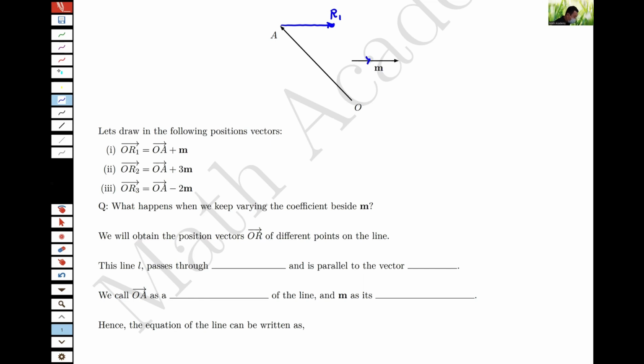If I continue to vary the value beside the M, I want to observe what will happen. If I add 3M, we continue to go to the right side, but 3 times that value M, to reach this point called R2.